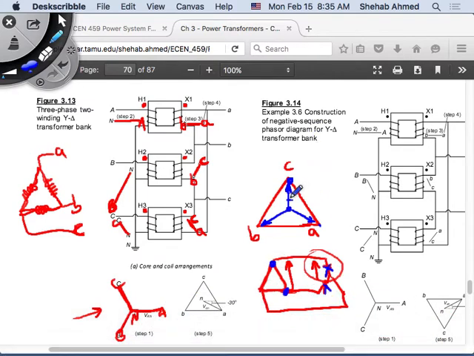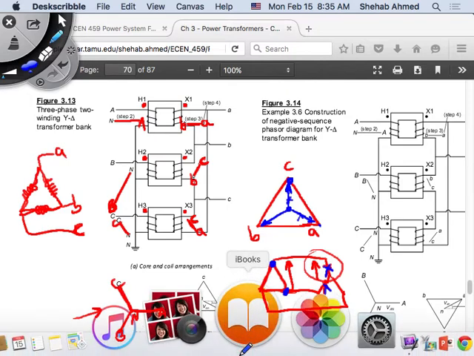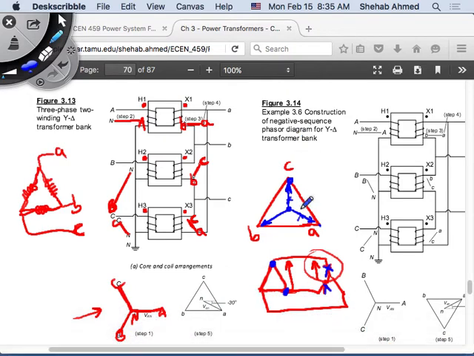The sum of these 2 phase voltages is this line voltage that I have here. So if we now look at what the relationship is, this is phase A voltage. This would be my phase A voltage.